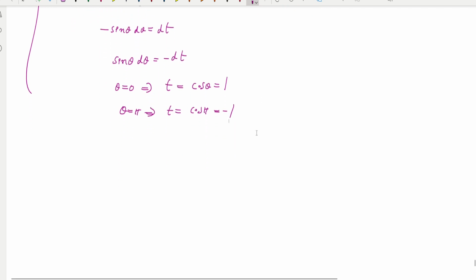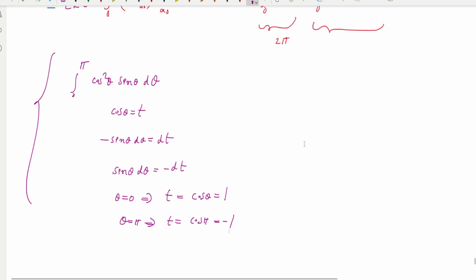Okay, so minus, I'm going to use this information here. Minus integral 1 to minus 1, t square, sin theta d theta is minus dt.